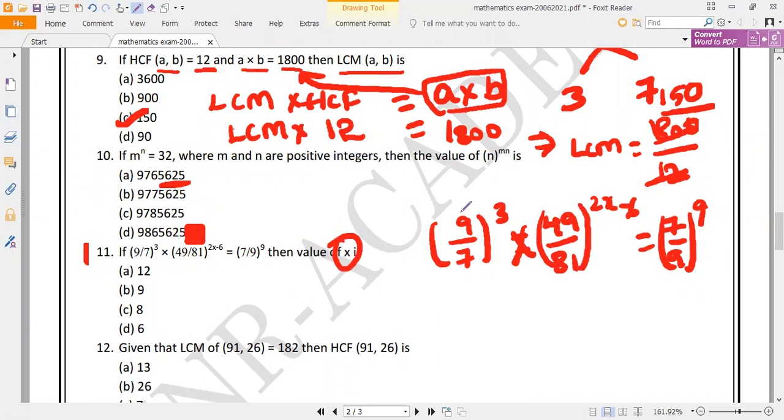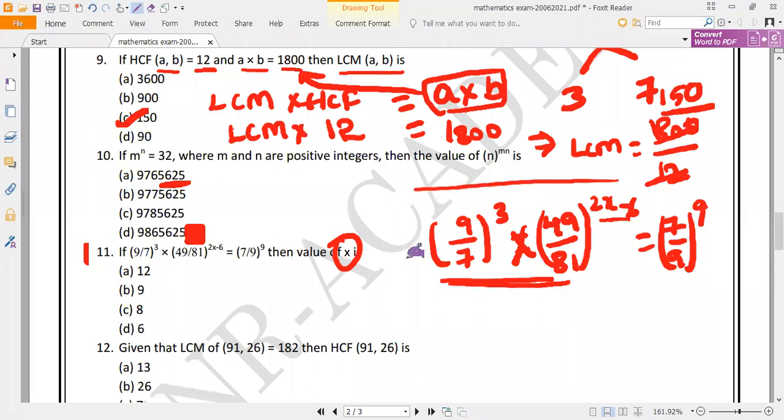Given (9/7)^3 into (49/81)^(2x-6), this entire expression is equal to (7/9)^9.